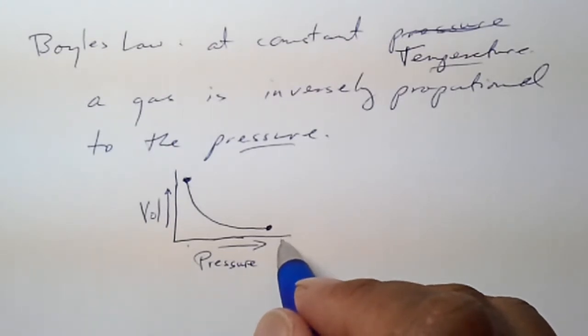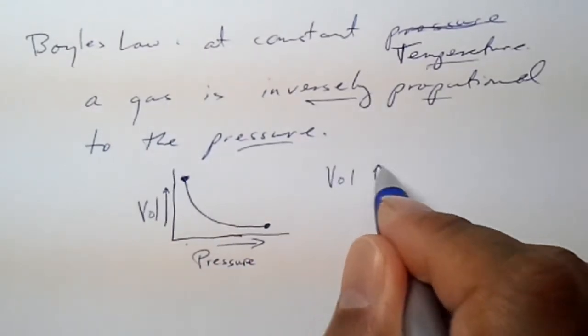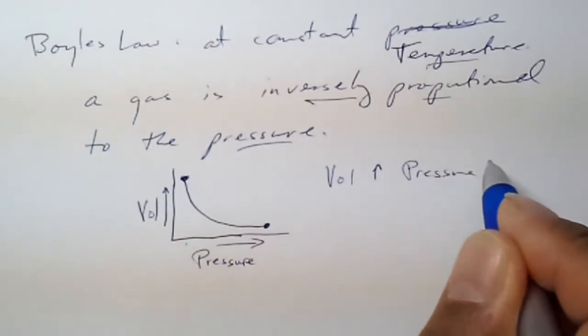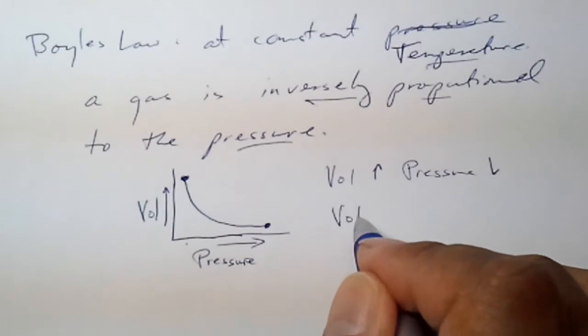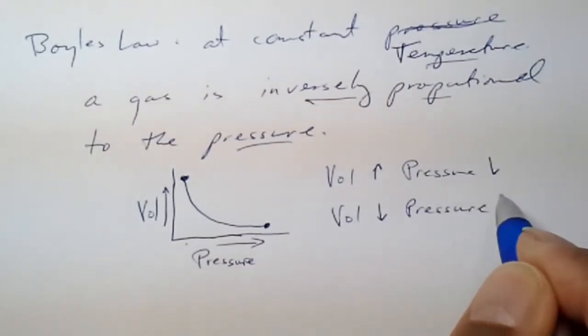That's Boyle's law. So these are inversely proportional. Volume goes up, pressure goes down. Volume goes down, pressure increases.